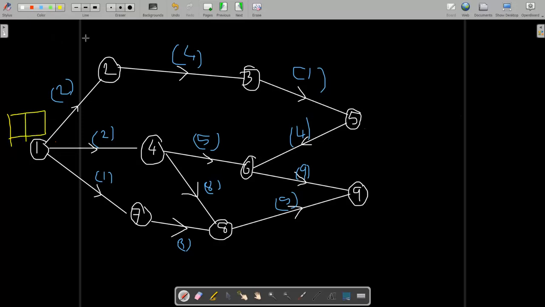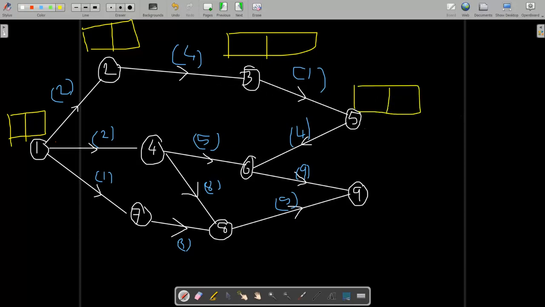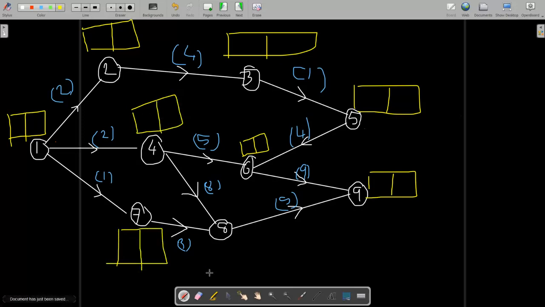Here I am drawing the blocks, because for each activity, at every point, there is some starting point and end point. This is 3 to 4, 4 to 5.